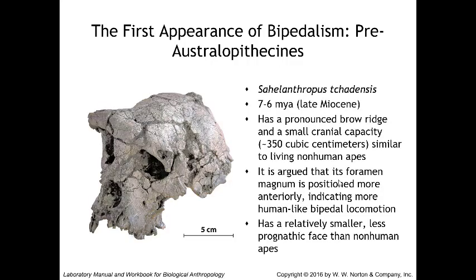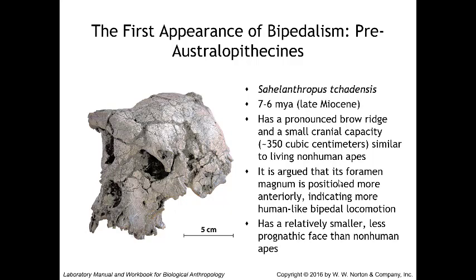So first we have Sahelanthropus tchadensis. This is the first of the pre-Australopithecine species. It lived around 7 to 6 million years ago in the modern Central African country of Chad. Sahelanthropus tchadensis has a pronounced brow ridge and a small cranial capacity of about 350 cubic centimeters, similar to a living non-human ape.